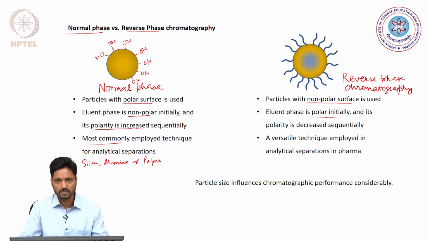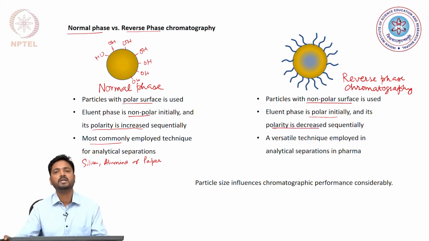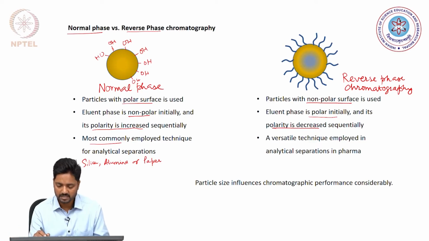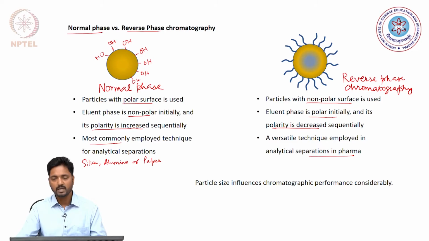Typically, often water is used as an eluent phase, or methanol can be used, and the polarity is now decreased sequentially to elute out our analyte of interest. This has gained wide popularity in the pharmaceutical industry as a versatile technique for achieving analytical separations.